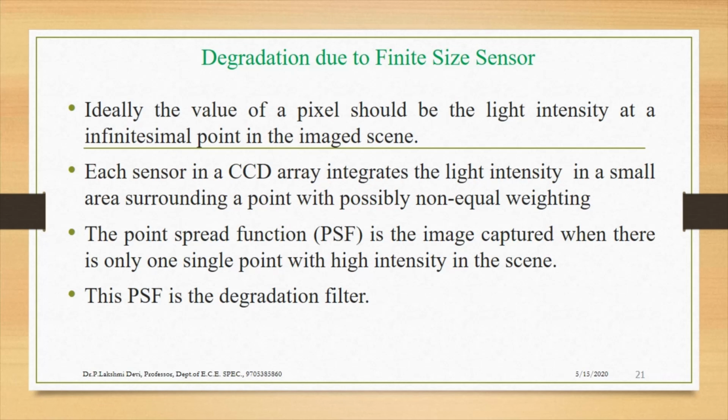Each sensor in a charge coupled device array integrates the light intensity in a small area surrounding a point with possibly non-equal weighting. The point spread function is the image captured when there is only one single point with high intensity in the scene. This point spread function is the degradation filter.